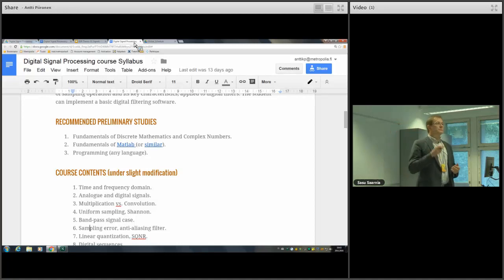If you want to install MATLAB on your computer, it's available for student pricing, I think. But there's also the free version, Octave, which is a GNU project. So you can use either. The exercises can be done with both tools.